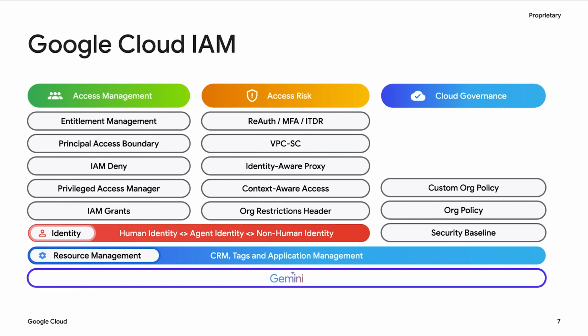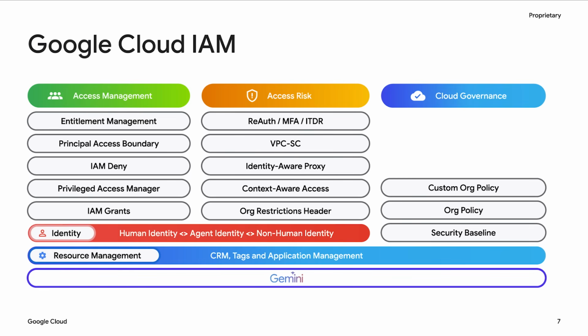Furthermore, we talked through the access management capabilities where we discussed how IAM allow, deny, PAM, and principal access boundary collectively help you build a strong defense in depth posture. Also, we talked about runtime access control capabilities and access risk management capabilities with ITDR, MFA, reauth, VPCSC, and many others.